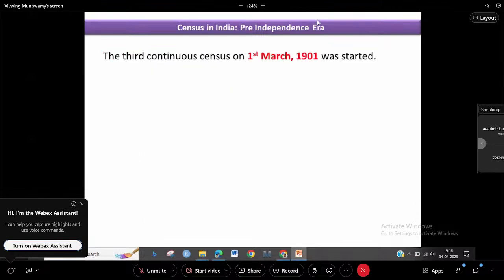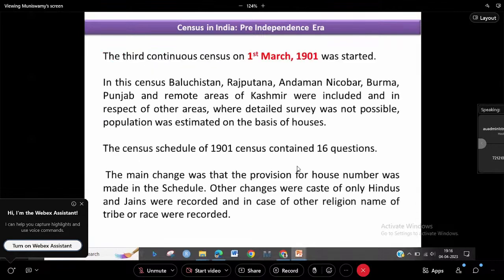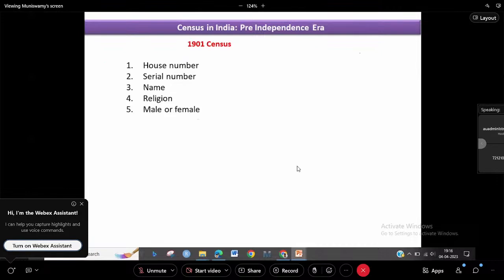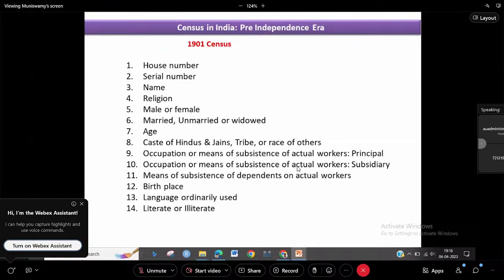Now, in the 1901 census, this data is there. Many people are suffering at present from eye problems. Why? Because we are using digital gadgets, and in the education system we are using more digital.